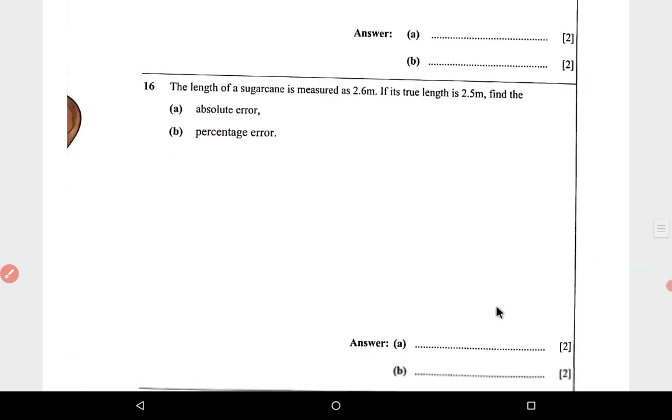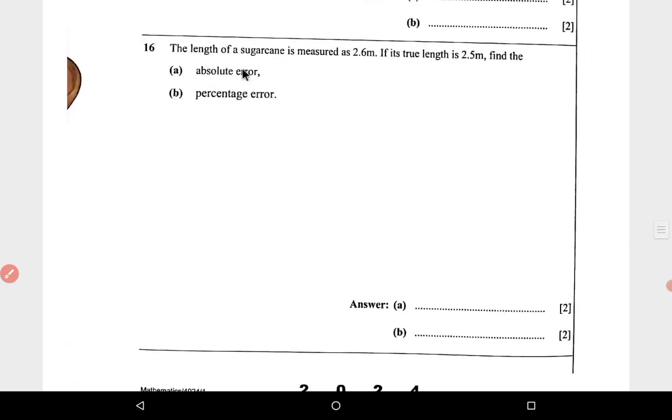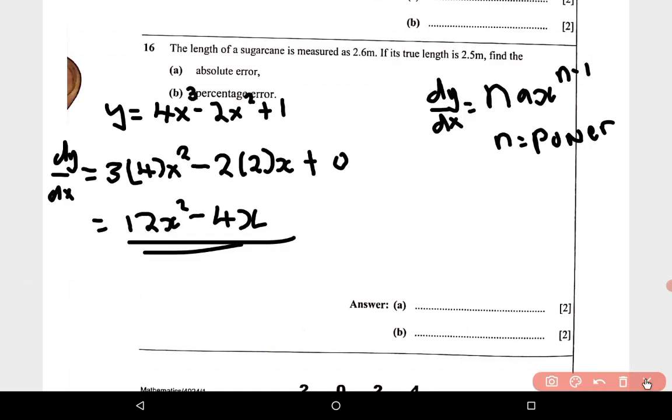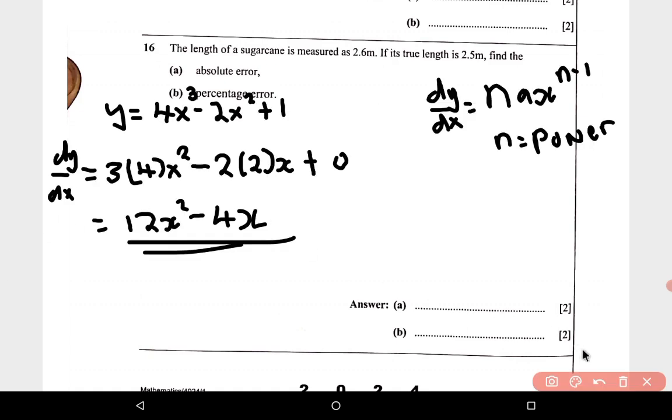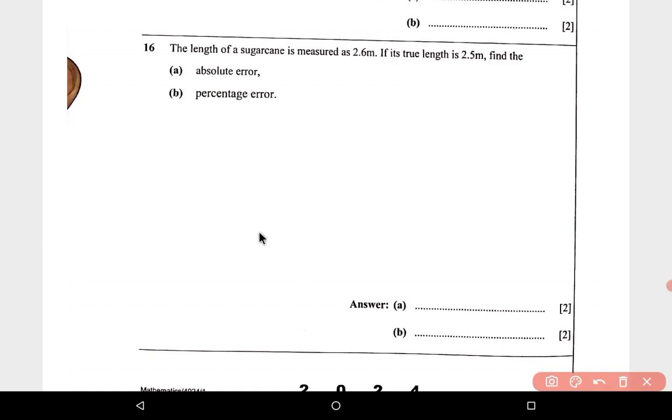We go to question 16. The length of a sugar cane is measured as 2.6 m. If its true length is 2.5 m, find the absolute error and percentage error. So absolute error, there's a formula for absolute error.